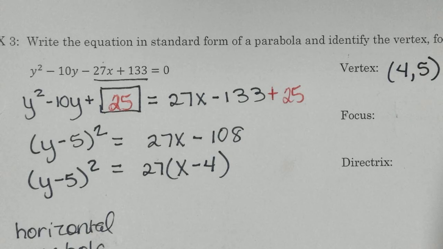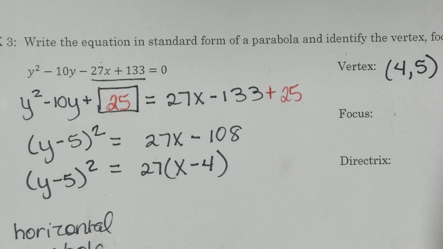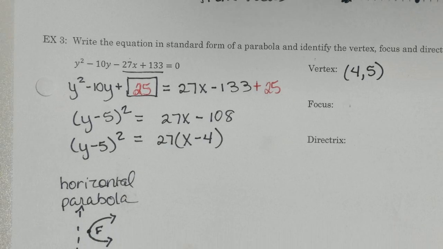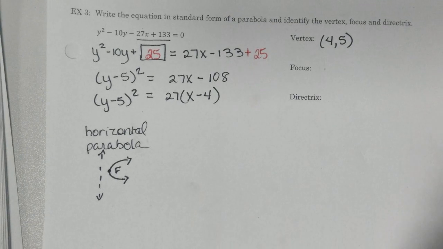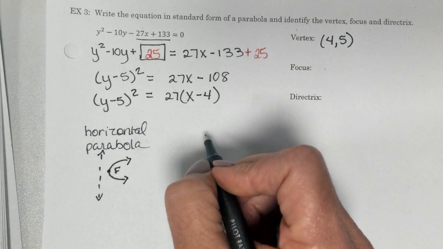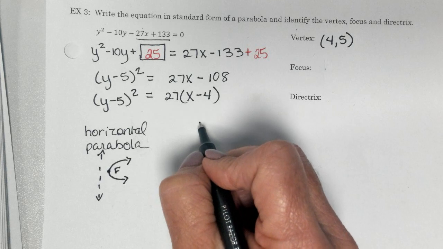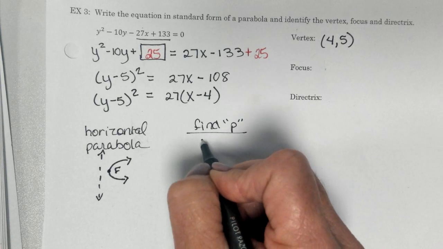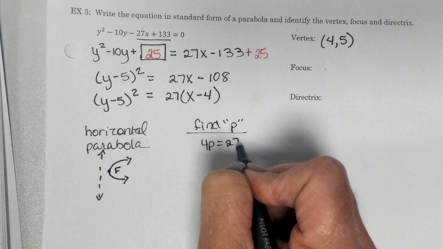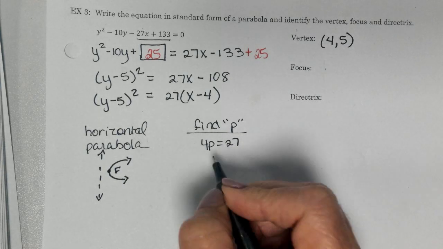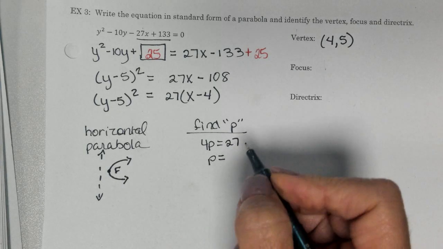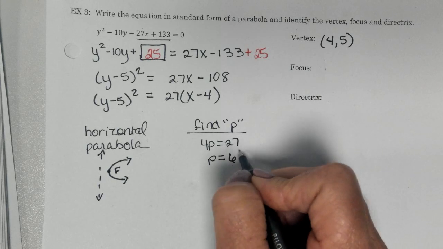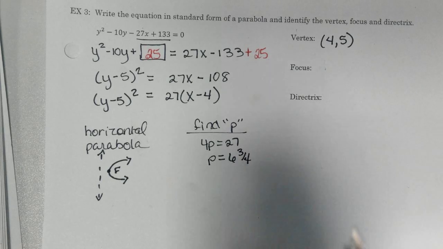All right. Now then, before we can find our focus and directrix, let's go ahead and solve for P. So to find P, 4P is equal to 27. P is equal to 6 3/4.